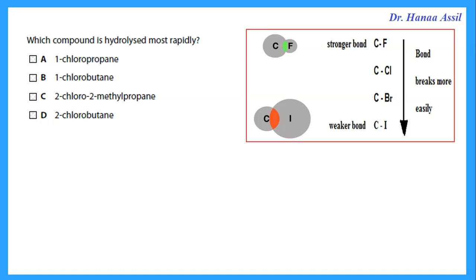So as I go down, the bond becomes weaker, more easily broken. So if I'm comparing between carbon and different halogens, the one that has the bigger halogen will break off easily.